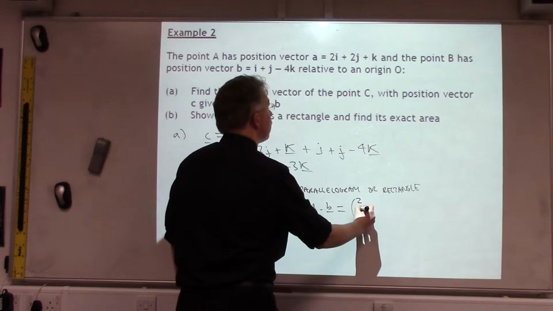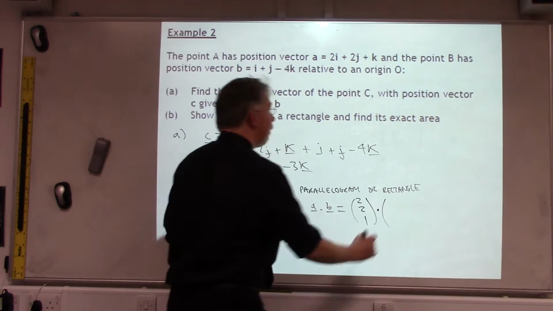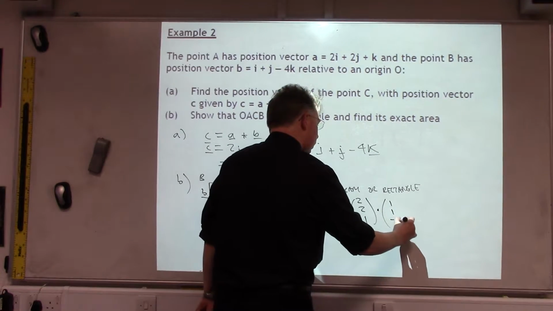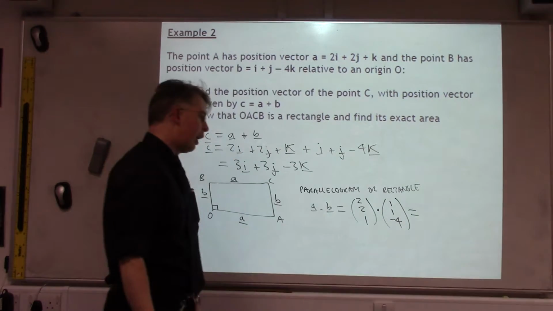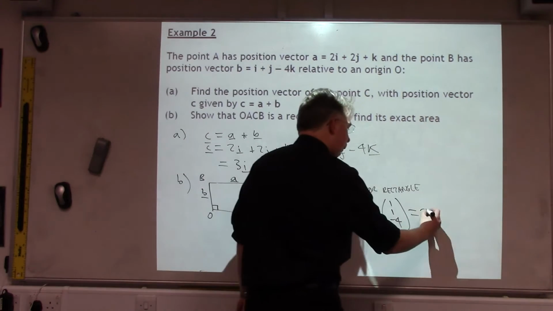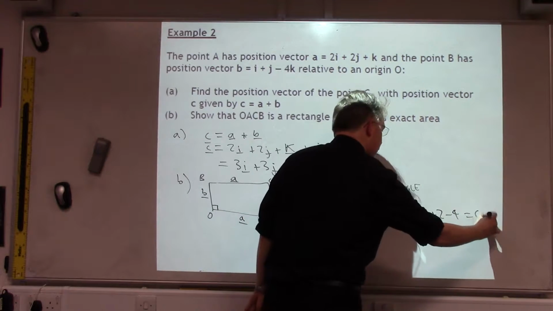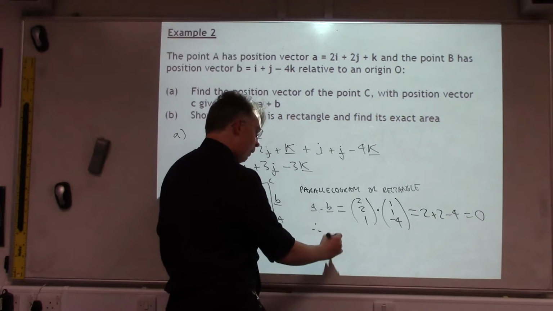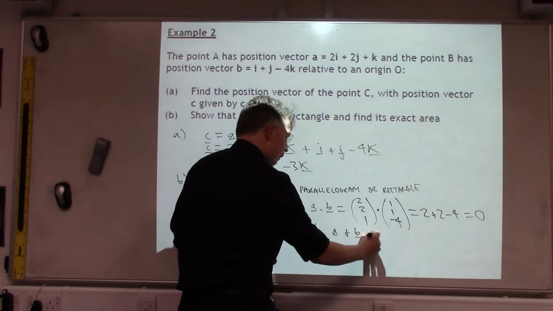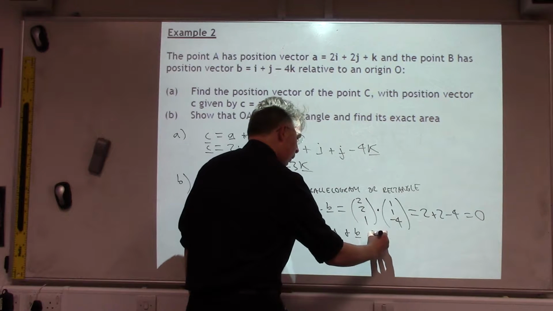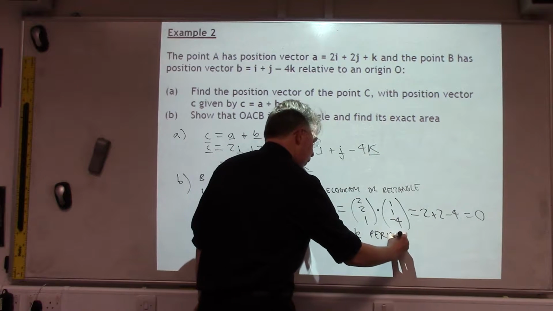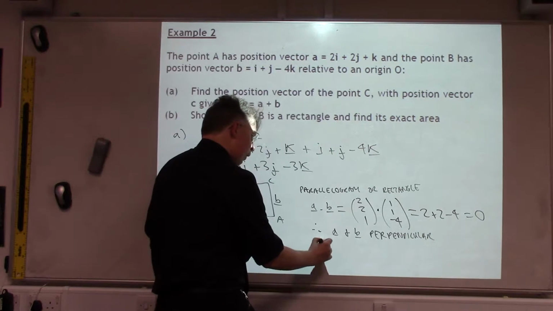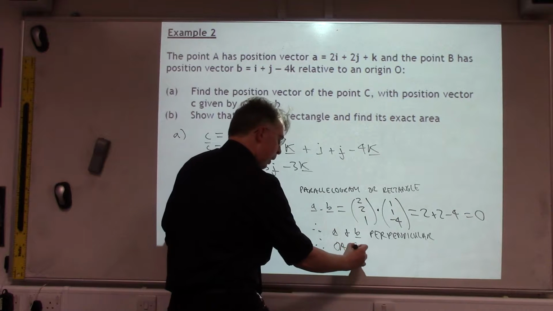So 2, 2, 1 dot with 1, 1, minus 4 gives 2 plus 2 minus 4, which equals 0. Therefore A and B are perpendicular, and therefore OACB is a rectangle.